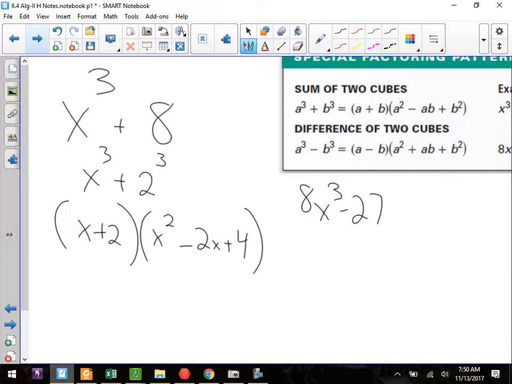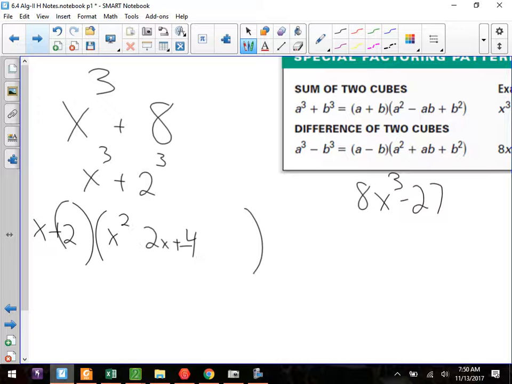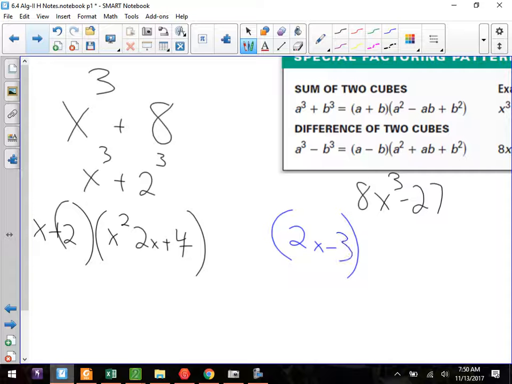So I do it like this one. Change colors here. Excuse me. That would be your generic, the cube root of both. Square the first term, you get 4x squared. Multiply the two together, and you get 6x.